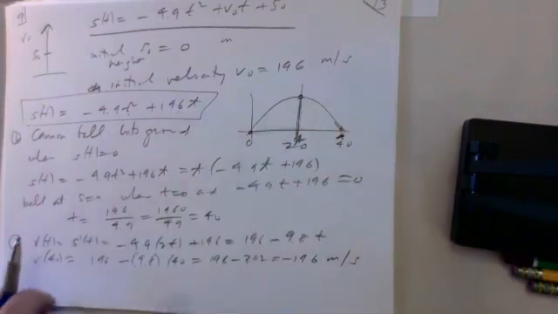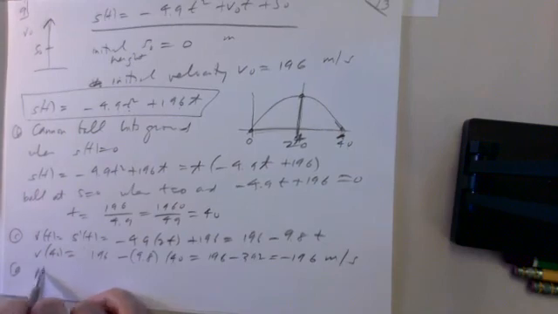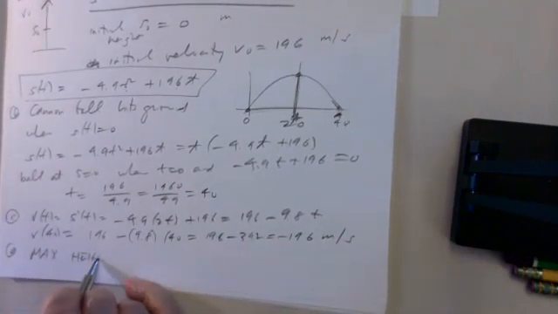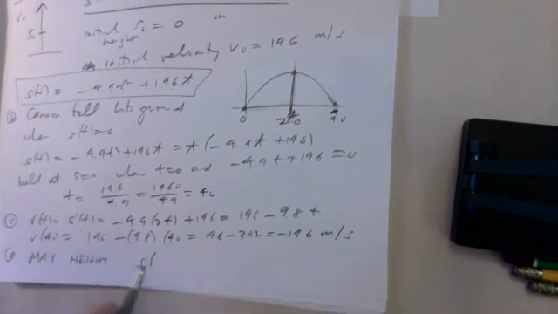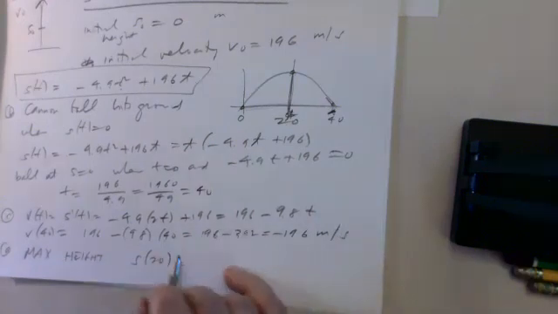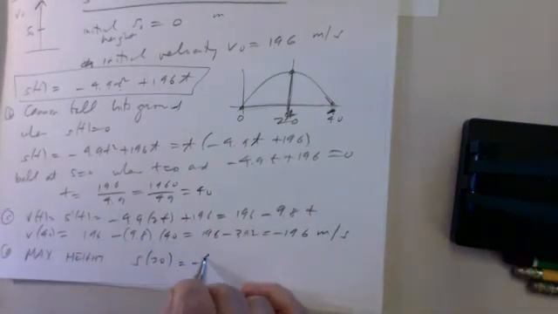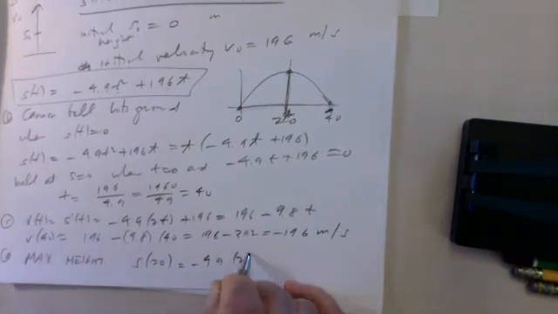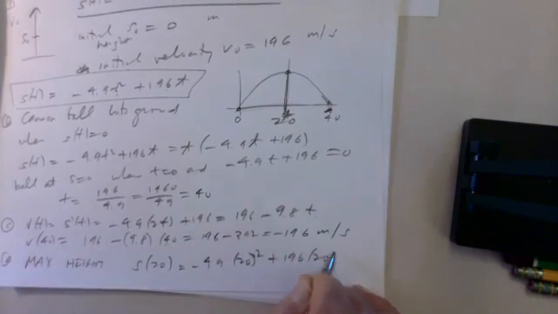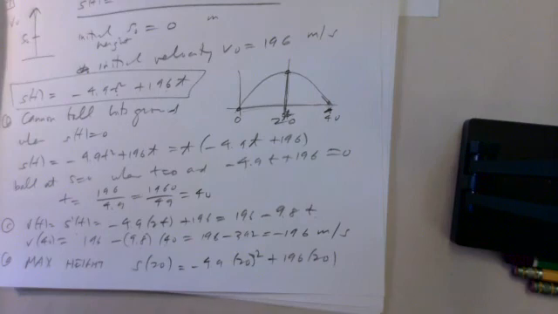And the maximum height is just the height at time 20. So it's minus 4.9 times 20 squared plus 196 times 20.